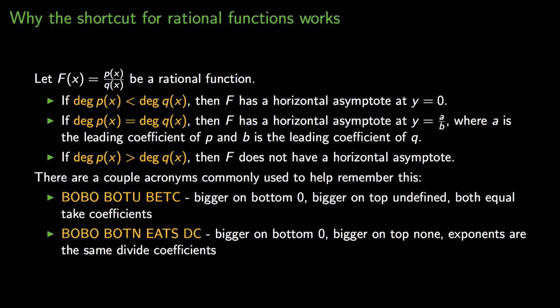If the degree is bigger on top, then there is no horizontal asymptote, or the asymptote is undefined. And if the degrees are both equal, you take the leading coefficients, and that tells you what the horizontal asymptote is.